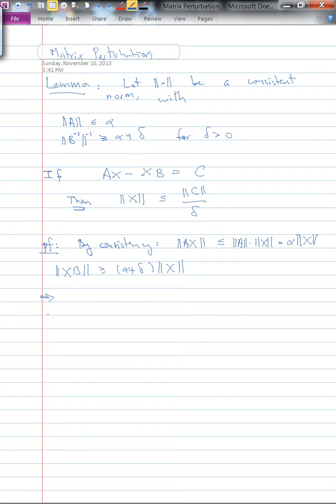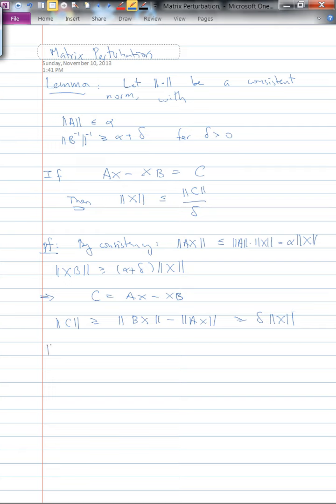So then, if we plug this into C equal to AX minus XB, I get that the norm of C is certainly greater than the norm of XB minus the norm of AX, which is greater than delta times the norm of X, just by using the above. And so the result is quite simple.